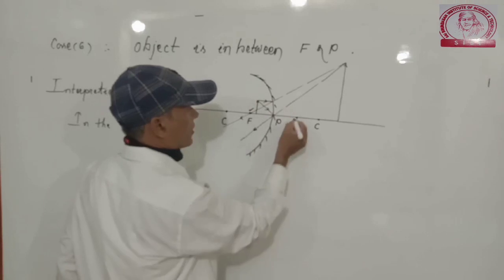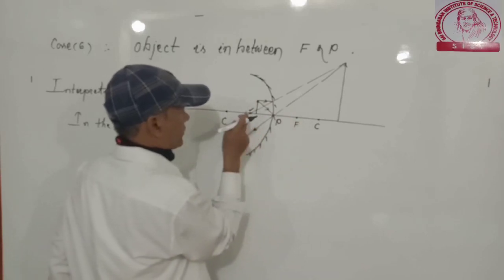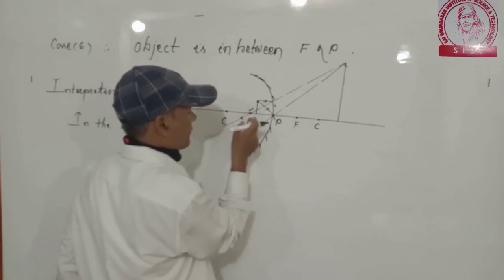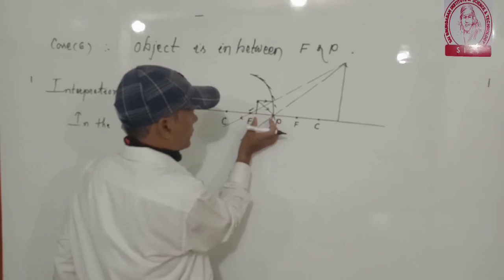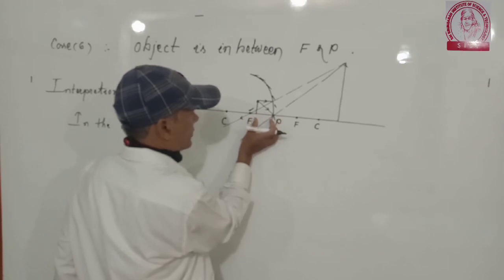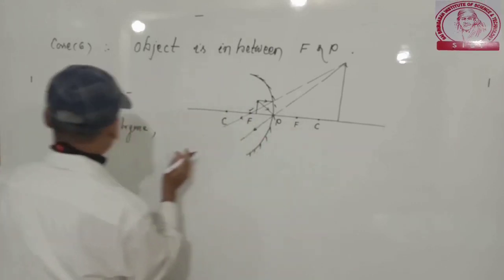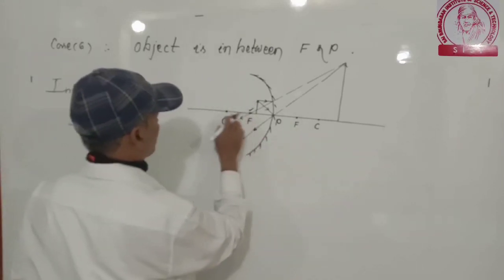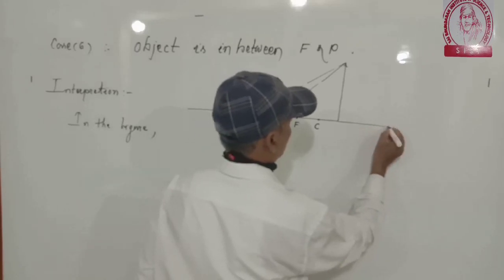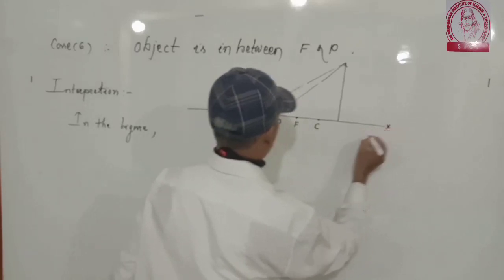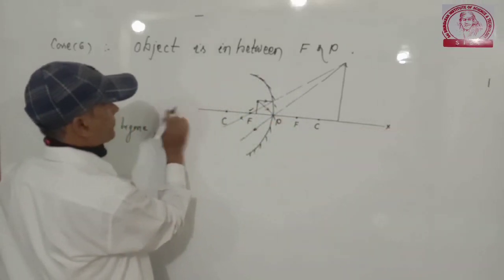This one, not this one. The focus active is this. The object distance is this. We have to find the image distance. In the figure, you see, this is x and this is x dash.